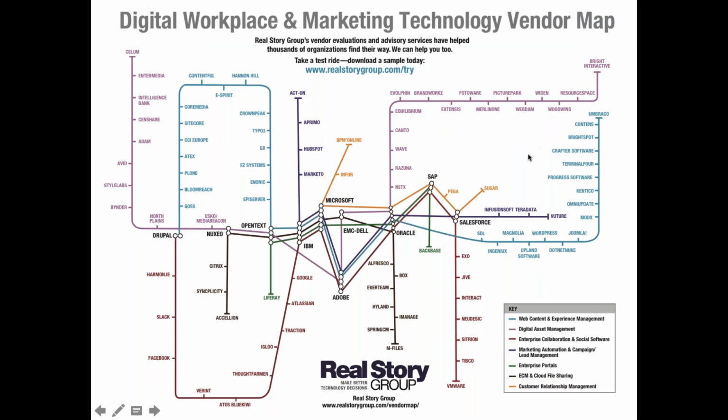We cover a variety of different technologies, put them all together on this so-called vendor map. This shows all of the different tools that we evaluate specifically by vendor, and you can see there's more than 160 on here. What we're going to be looking at today is the light purple line, the WCM line.